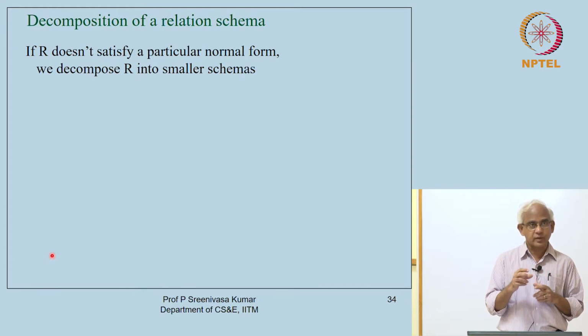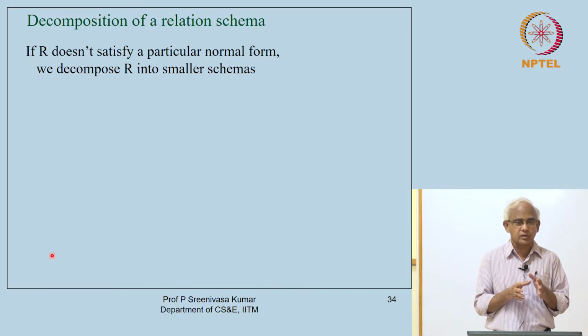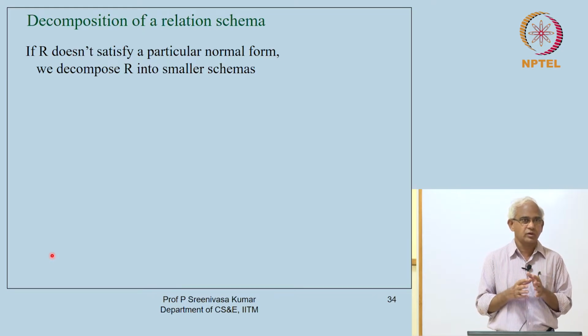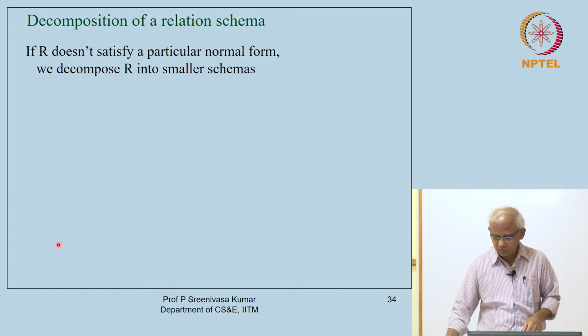So let us try to make that a little bit more formal and study certain properties of these decompositions. These decompositions are important. We will realize during this lecture that taking arbitrary cuts of those relations and bringing them into two relations will not work. We have to look at certain properties before we can do that.